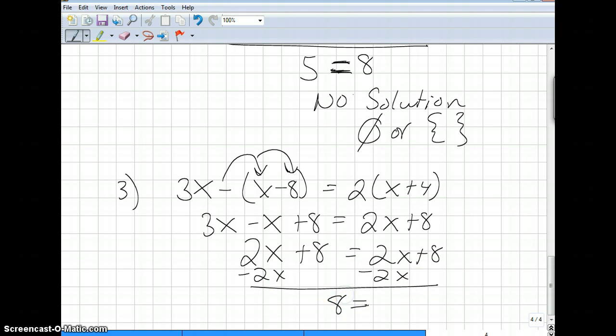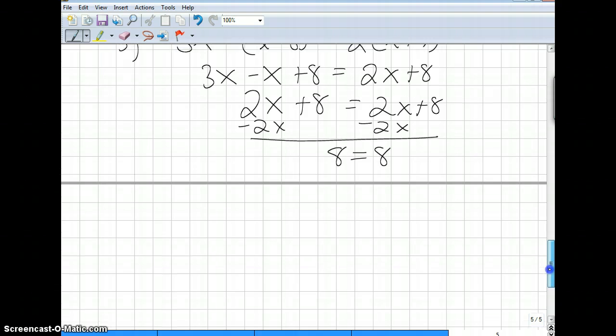We get 8 equals 8. Now in this case, 8 equals 8 makes sense. So that means that this is an identity, and so the solution is all real numbers. Any value I put in will work.